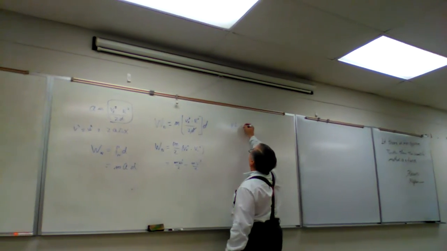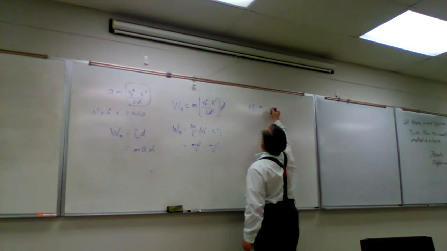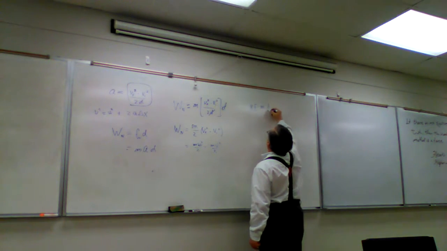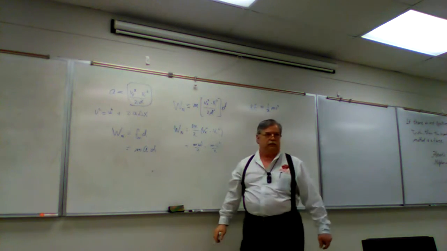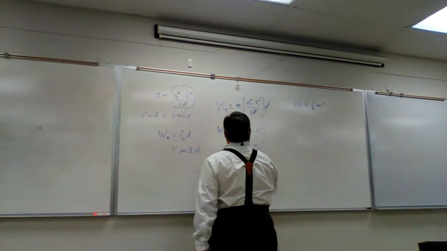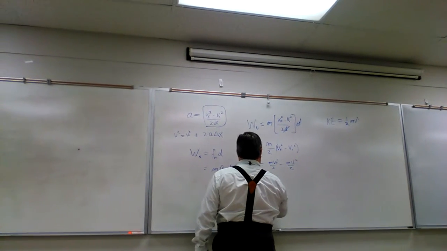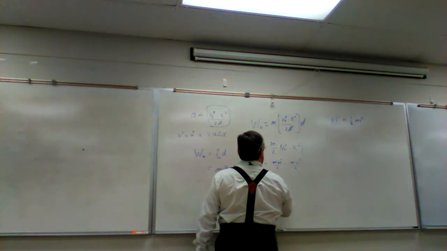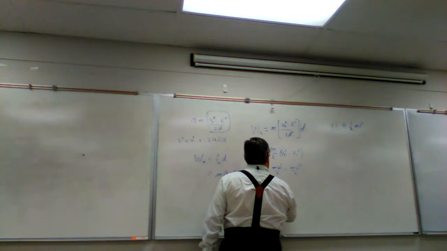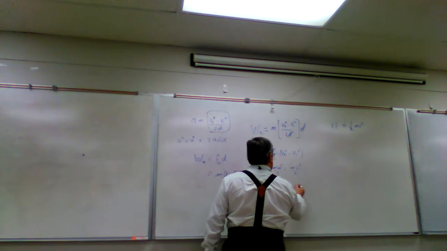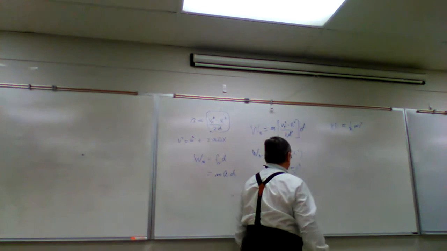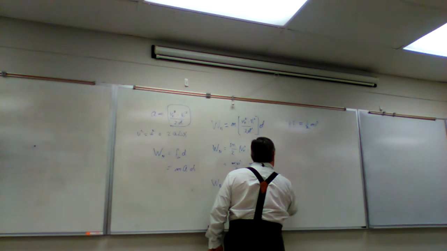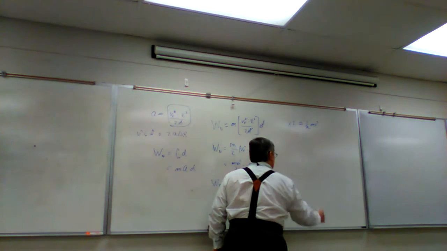And when we define the kinetic energy as being equal to 1/2 mass times velocity squared, what we see here is that the net work done on the object is equal to the final kinetic energy minus the initial kinetic energy, or the change in kinetic energy.